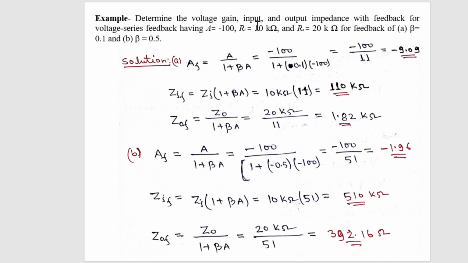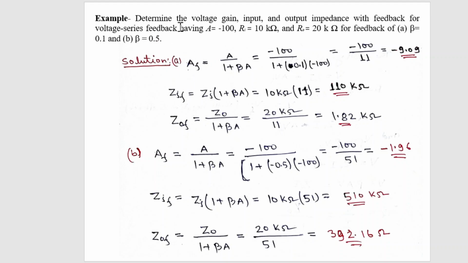Determine the voltage gain, input impedance and output impedance with feedback for a voltage series feedback having A equal to minus 100, Ri that is input resistance 10 kilo ohm, Ro that is 20 kilo ohm, for feedback beta 0.1 and 0.5. We have to calculate voltage gain, input and output impedance with feedback if beta is equal to 0.1 first and then beta is equal to 0.5.